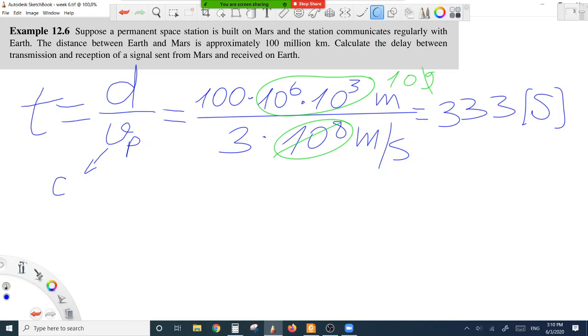In other words, here we calculated the delay between transmission and reception of a signal, and if we need a response from the Earth, it will be more than twice this time.